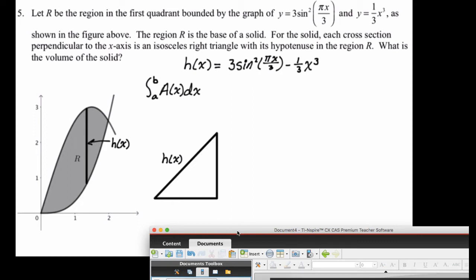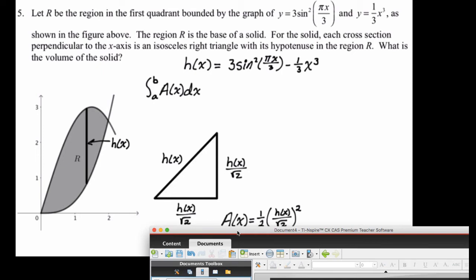So the hypotenuse is side root 2, which means each side is the hypotenuse divided by root 2. And that means the area is 1/2 base times height because it's just a triangle. Base and height are the same, so that's 1/2 times h of x over root 2, quantity squared.